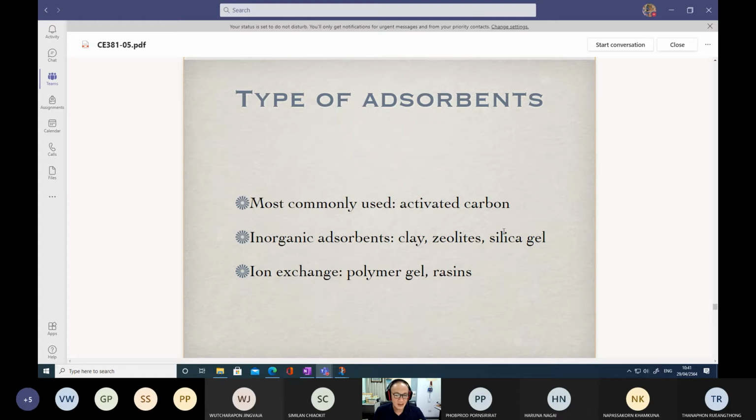In Thailand and many other countries, we prefer to have COD smaller than 120. But in some countries or in some areas, they want the COD to be less than 60 only. In very sensitive areas, they want the COD to be even less than 60.